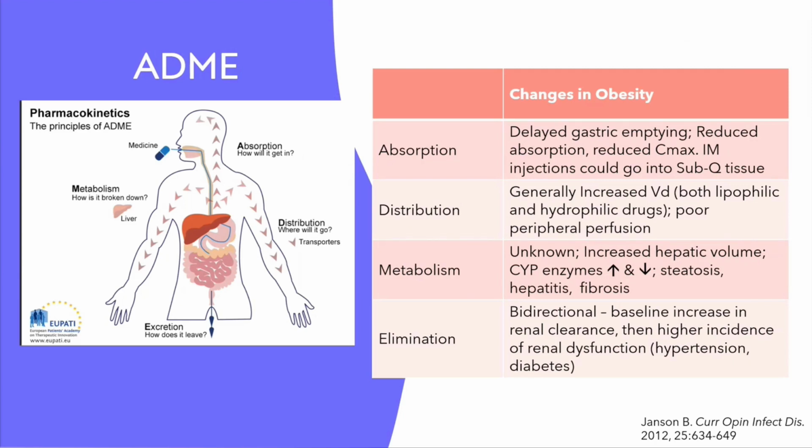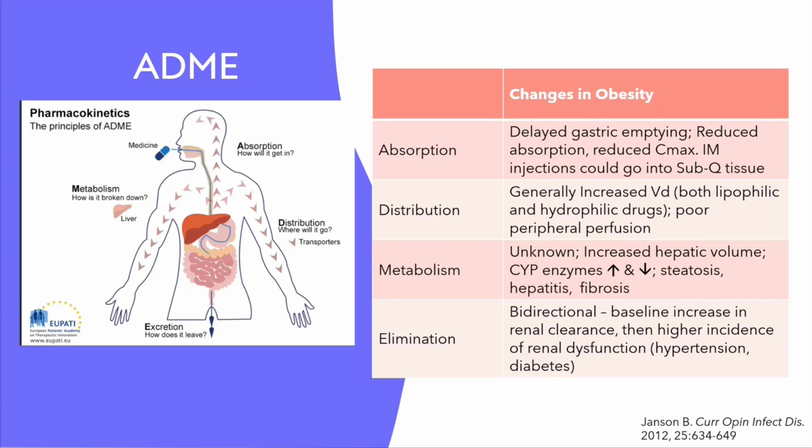This could possibly be as a result of a higher fat diet or gastric distension. Ultimately, we could have a lower Cmax or reduced absorption because of this. We also know that intramuscular injections could be inadvertently administered as a deep subcutaneous injection. Ultimately, little is known about whether that impact on absorption will also correlate with the impact in effectiveness.